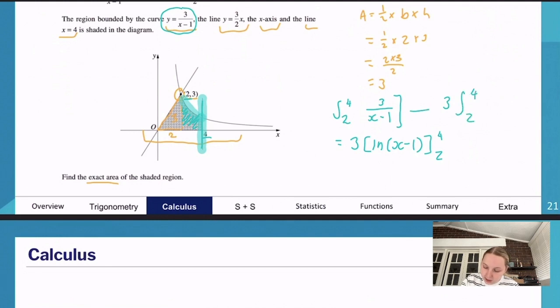So to get from here to here, sorry, I probably should have done that a little bit better. Then we do 1 on x minus 1. So this is going to equal f dash x over f of x, right? So in order to do that, we need to place that 3 on the outside, so we're not actually changing the function itself. Okay, and then we're going to integrate that.